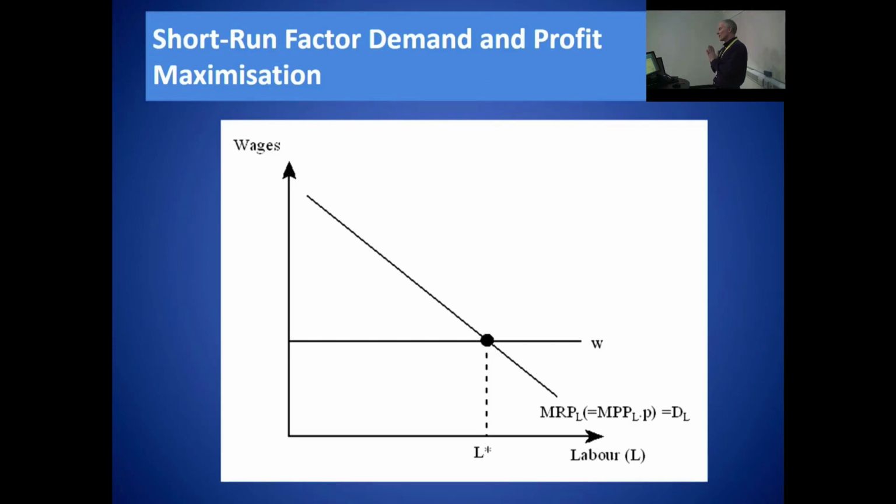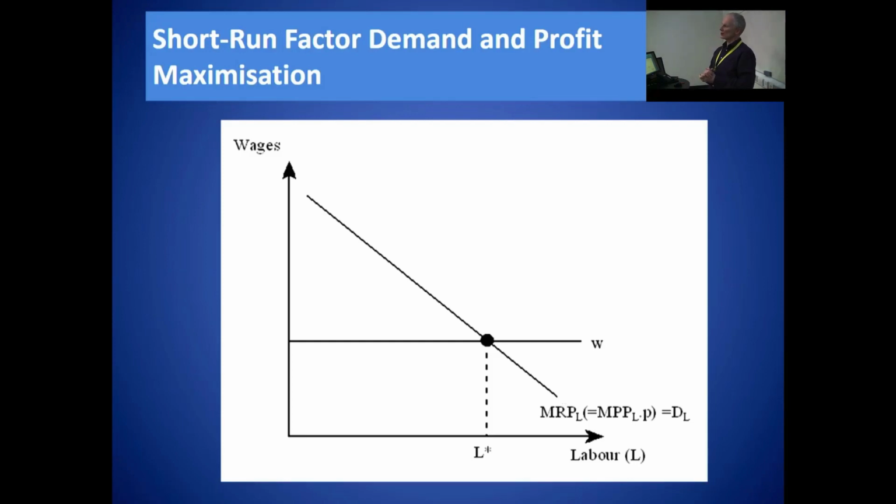What we have here is labour on the horizontal axis and wages, the price that we pay for labour. What I'm going to show you here is the firm's short-run labour demand schedule, or its short-run factor demand schedule. Like virtually all demand curves, it will be downward sloping.